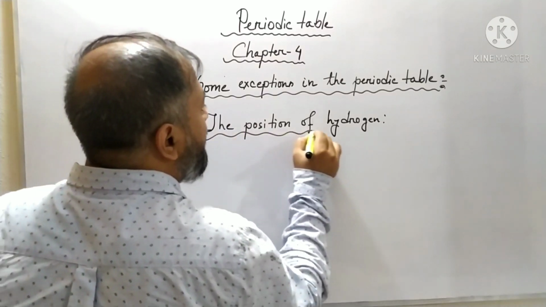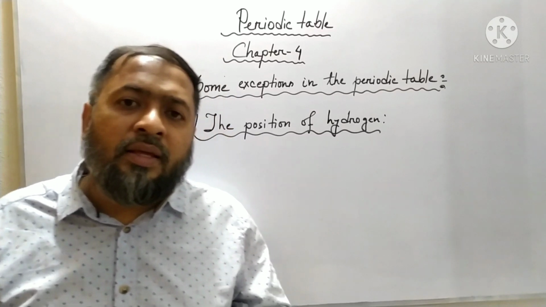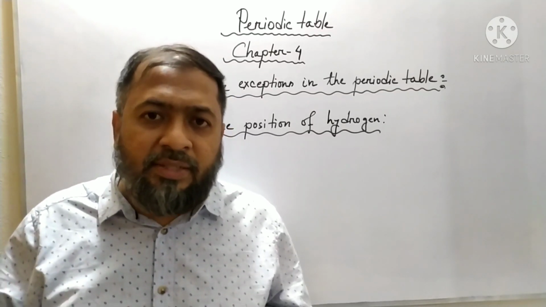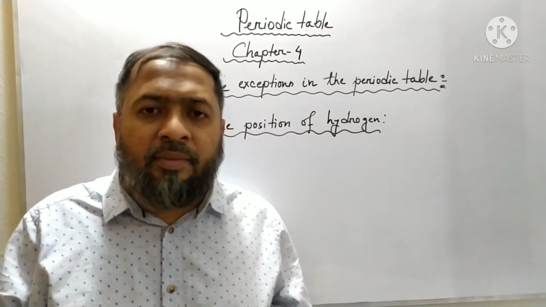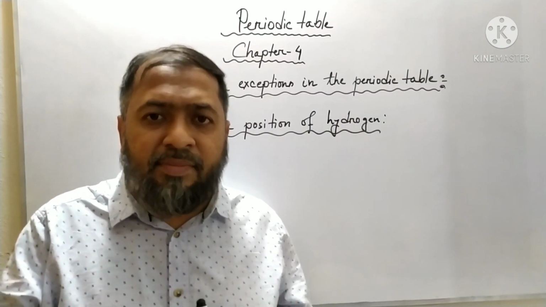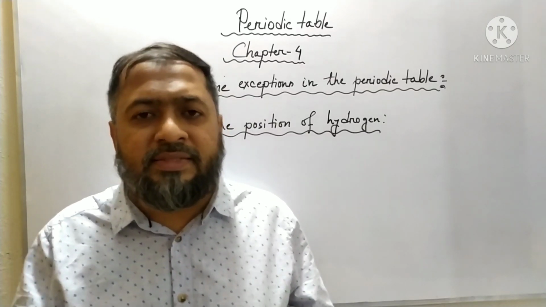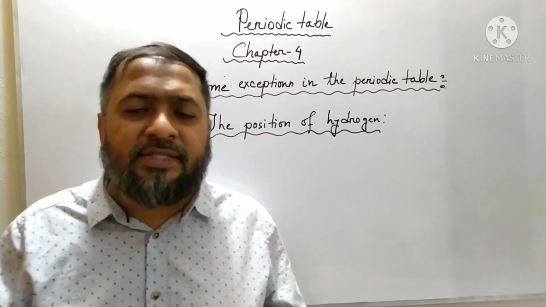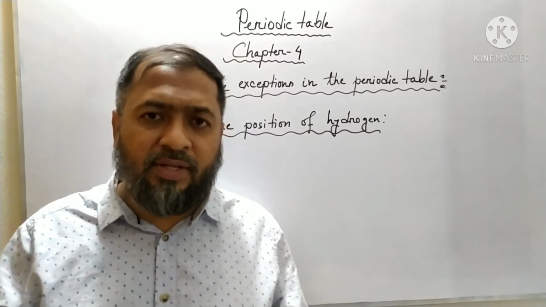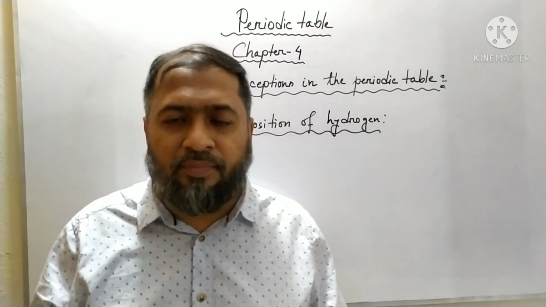Now students, the main objective of creating the periodic table was to put elements having the same chemical properties in the same group. But in some cases, some exceptions are observed, and among them, the position of hydrogen is one.